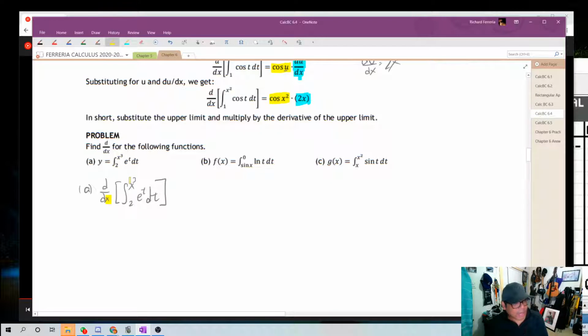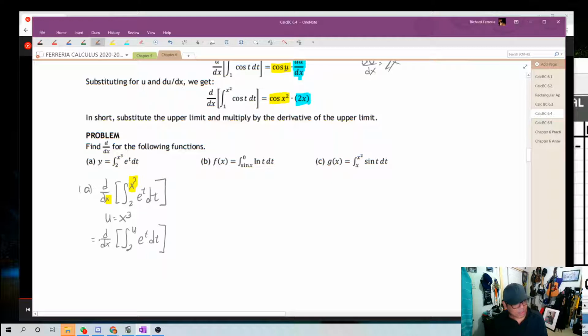I've got an x and an x cubed. No, they do not match. So I'm going to do a substitution. I'm going to say u equals x cubed. And now my derivative looks like this: the derivative with respect to x of the integral from 2 to u of e to the t dt.